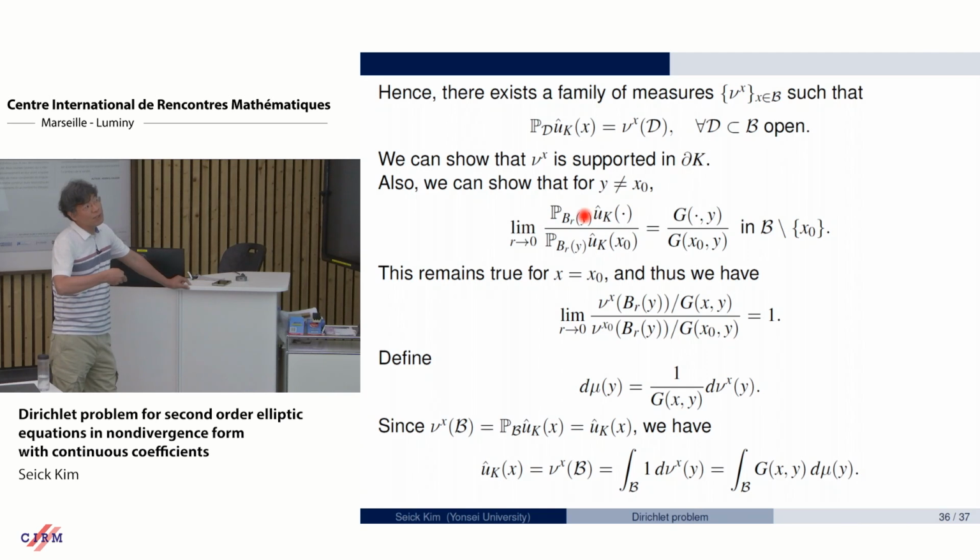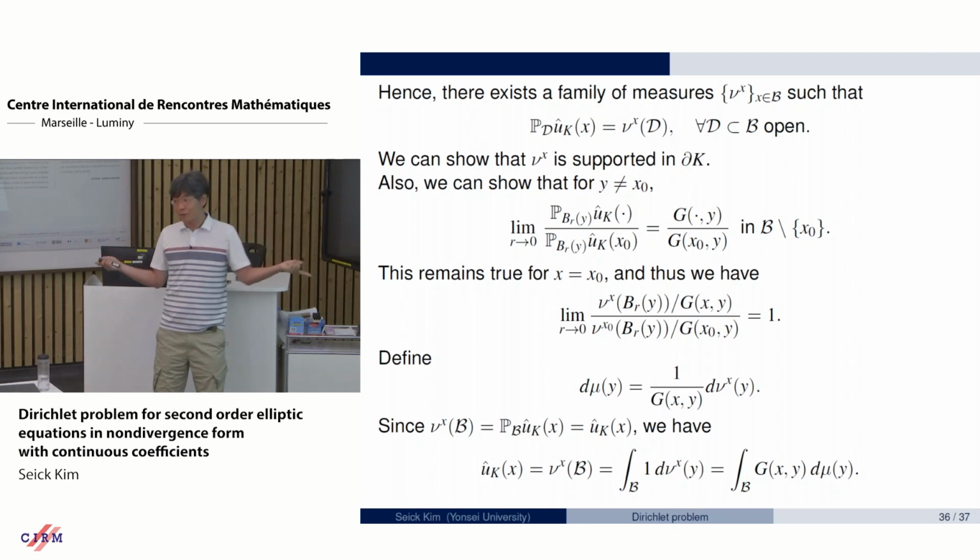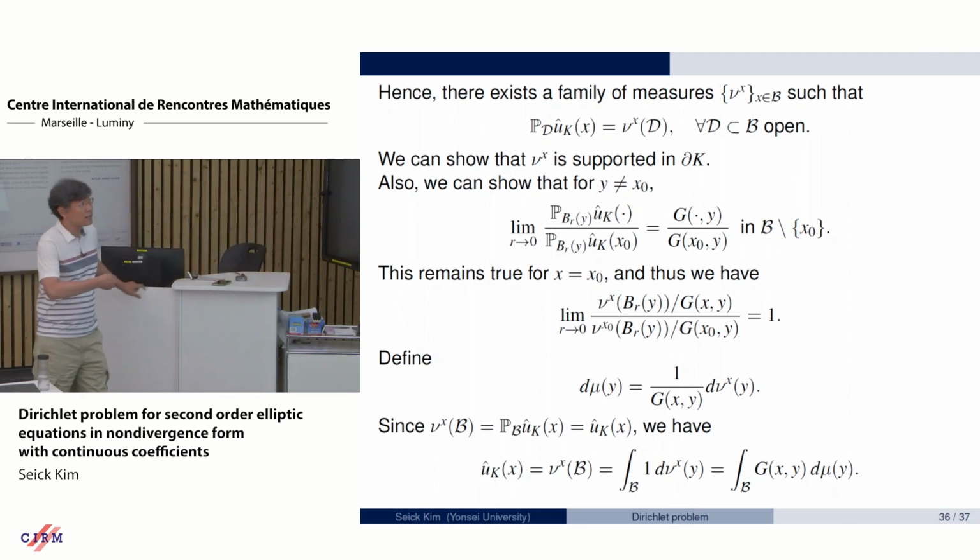You are away from B_R, so that is a solution. Suppose you shrink R to a point. It becomes a solution away from a single point, so you can prove that it is a Green's function. You normalize like this, and the limit is really the Green's function. Using some PDE technique, you can prove that.